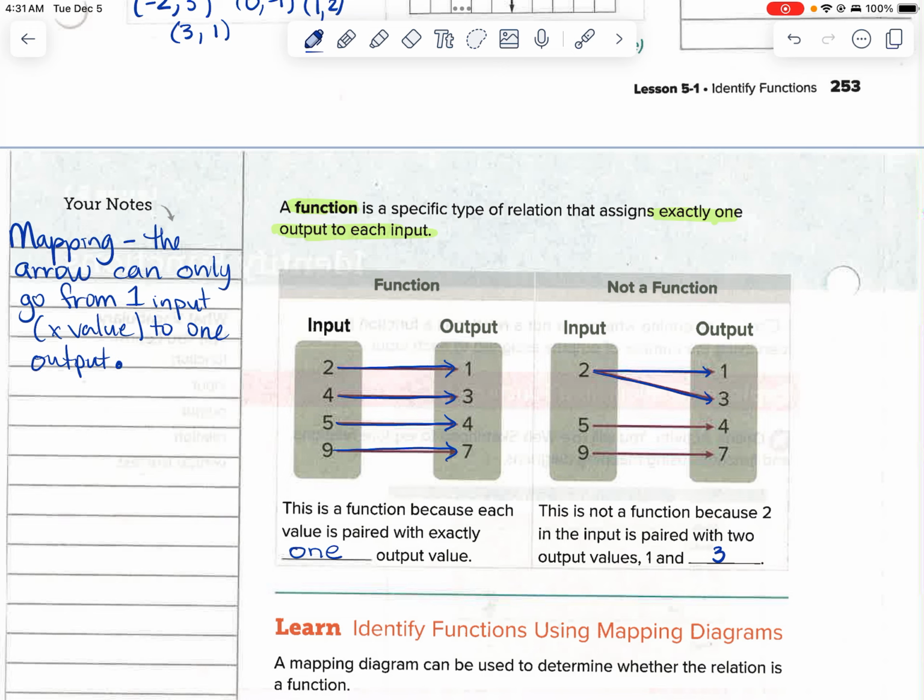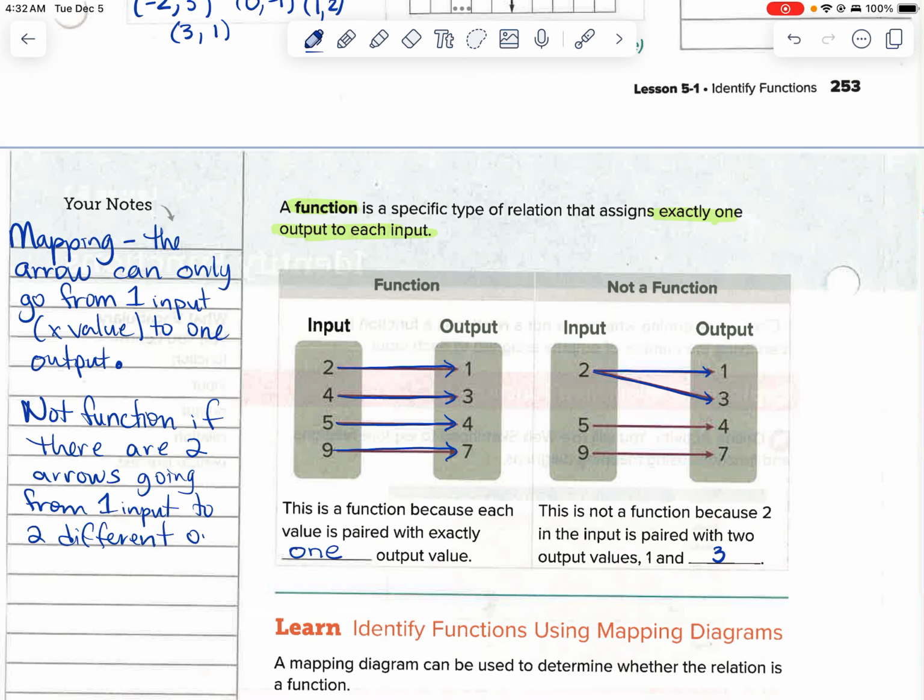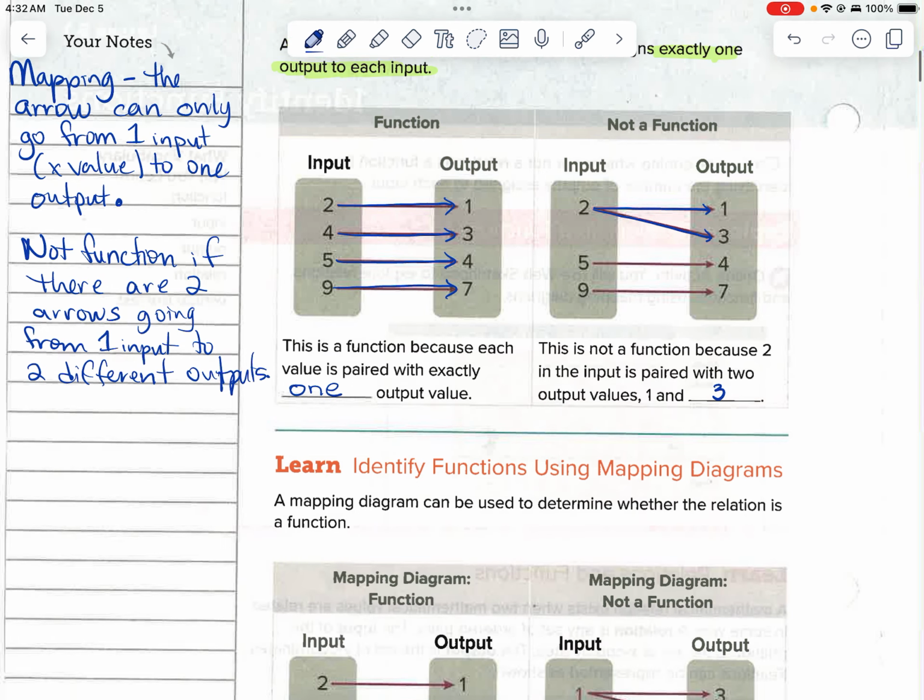So that means that it is not a function if there are 2 arrows going from one input to 2 different outputs.